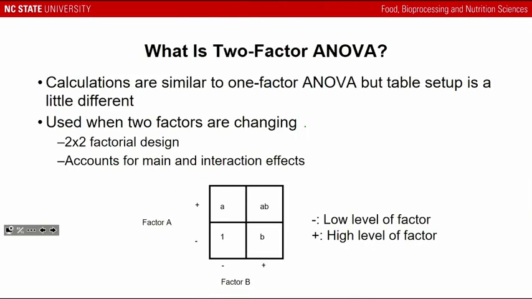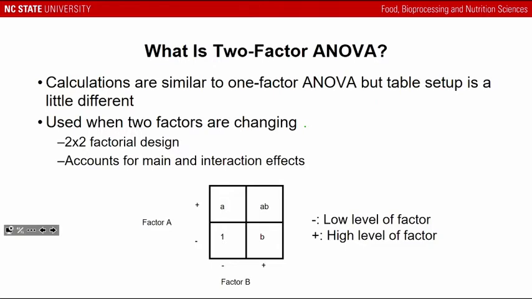So if we look at the factorial design, you could have factor A and factor B. So we're going to go from low to high. That's what the minus and the plus refer to, low to high. In this case, with the one I just showed you, it would be a 4x5 design instead of a 2x2.